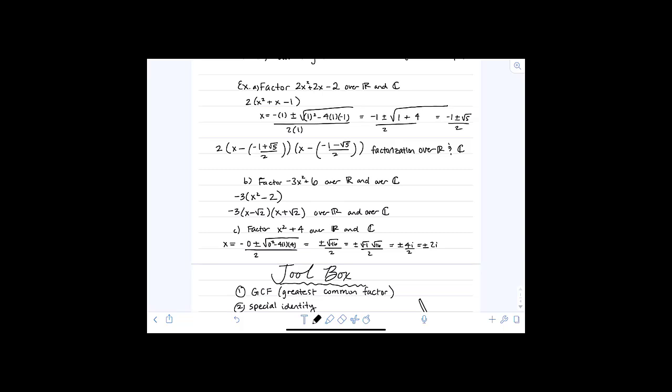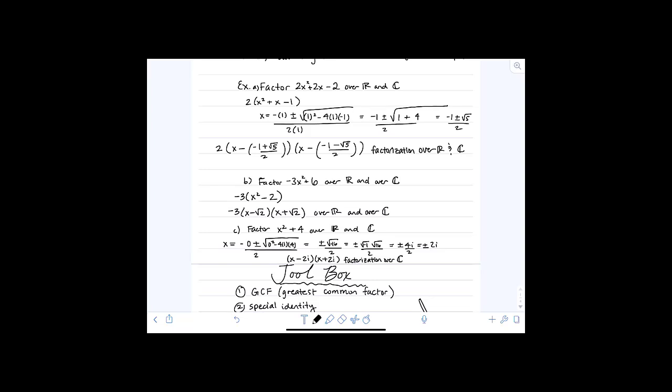So for this particular quadratic, the factorization over C would be x minus 2i times x plus 2i. This is my factorization over the complexes.